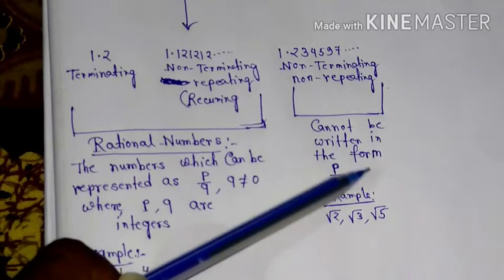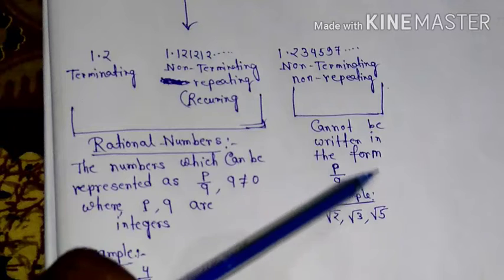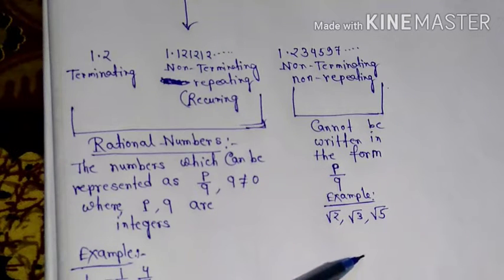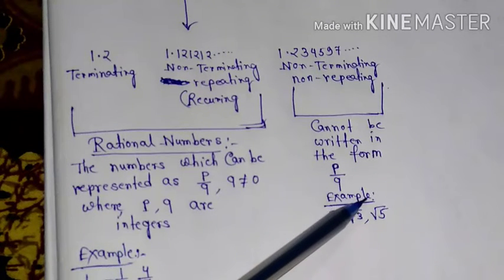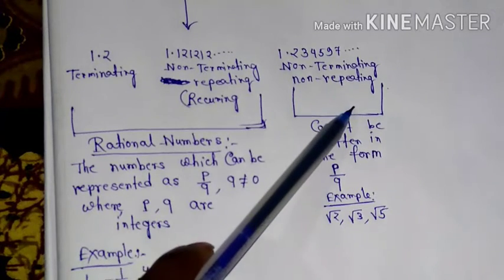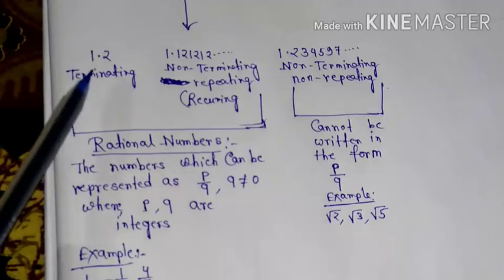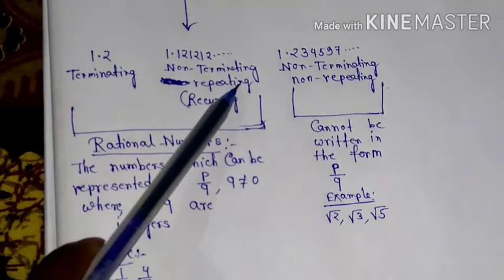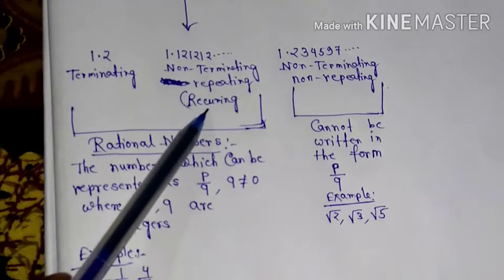If you cannot represent a number in the form p by q, it is an irrational number, and those are non-terminating, non-repeating. Rational numbers are terminating and non-terminating repeating, that means recurring numbers.